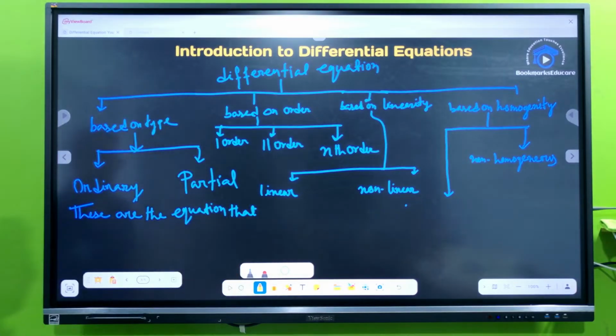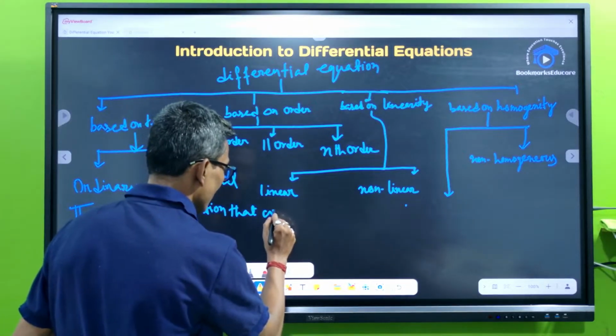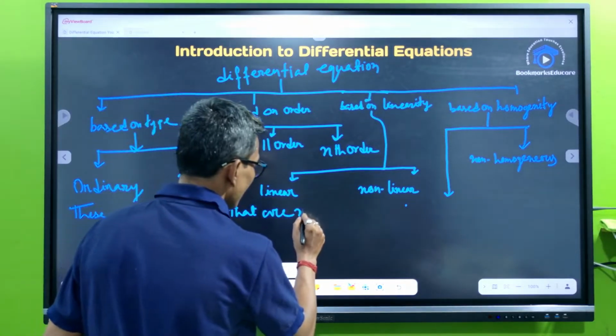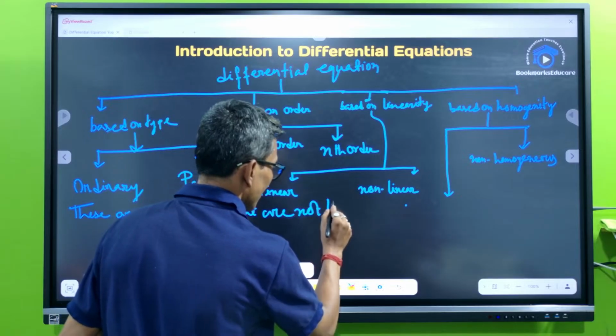These are the equations that are not linear.